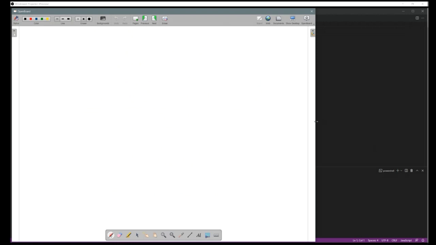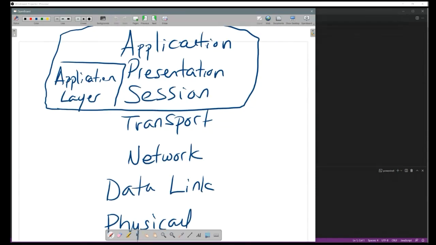So the goal of layering is to provide abstraction. Higher layer protocols like the application layer can essentially function under the assumption that all the other layers are doing their own specialized job. So each layer has a specified job.